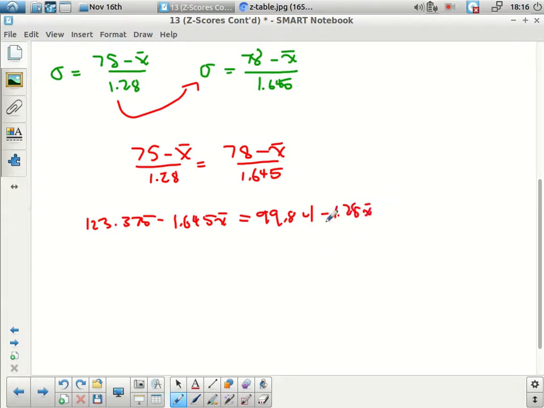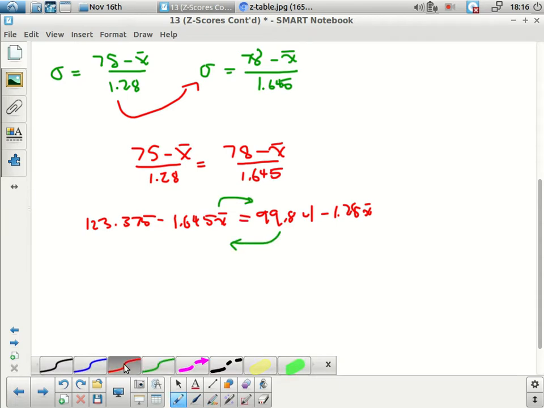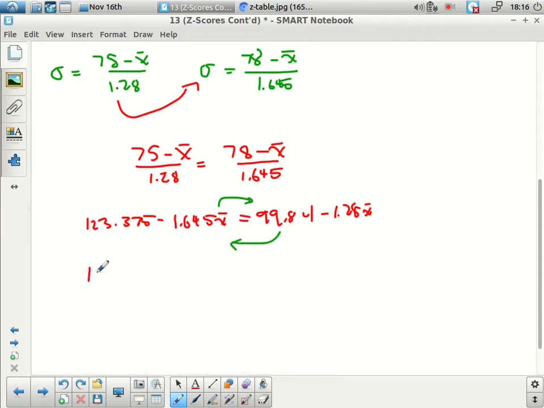Okay, now I'd like to get my terms with x together. So I'm going to bring this x term to that side and this constant to that side. So I'm going to have 123.375 minus 99.84 equals 1.645 x bar minus 1.28 x bar.